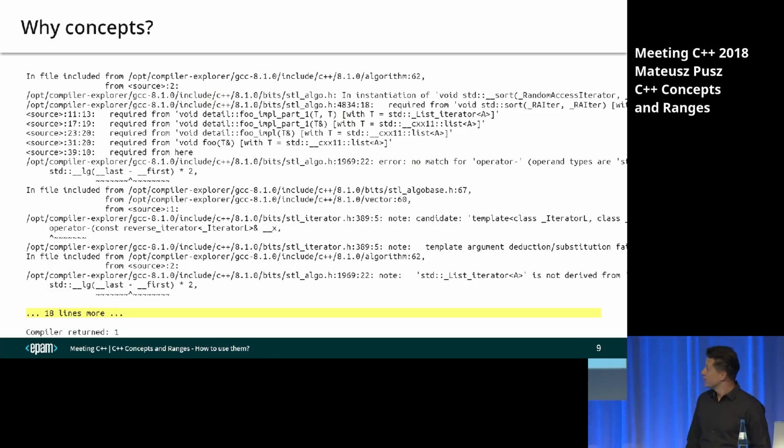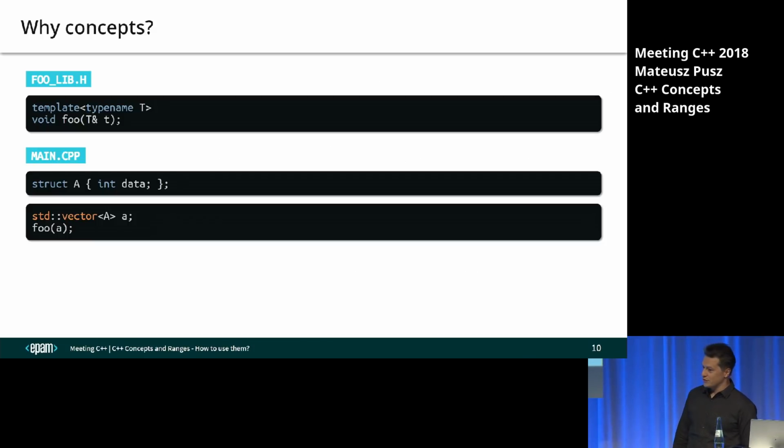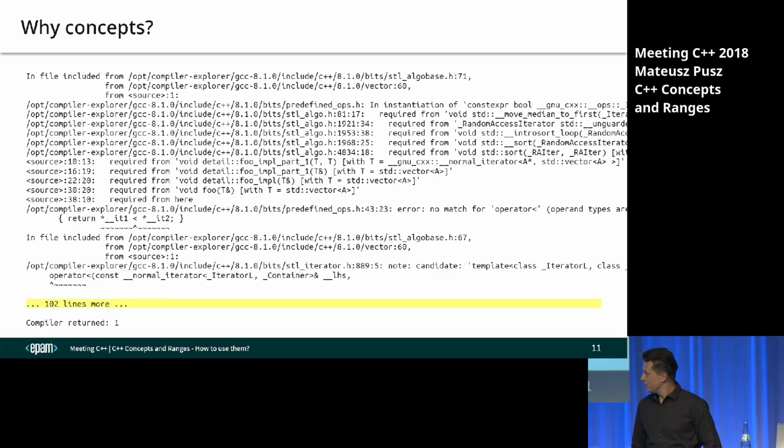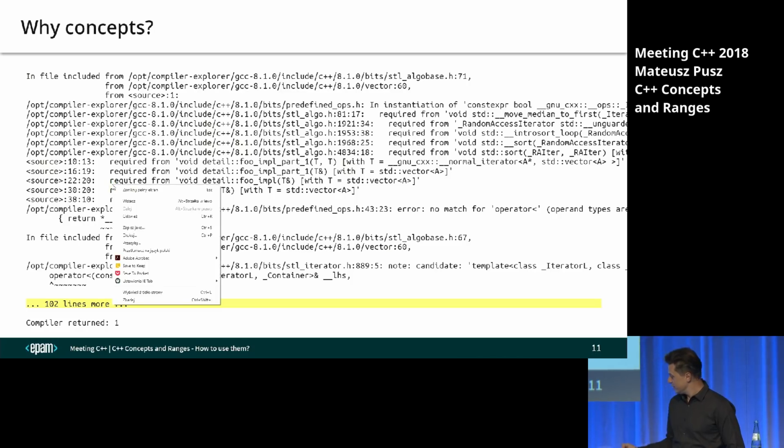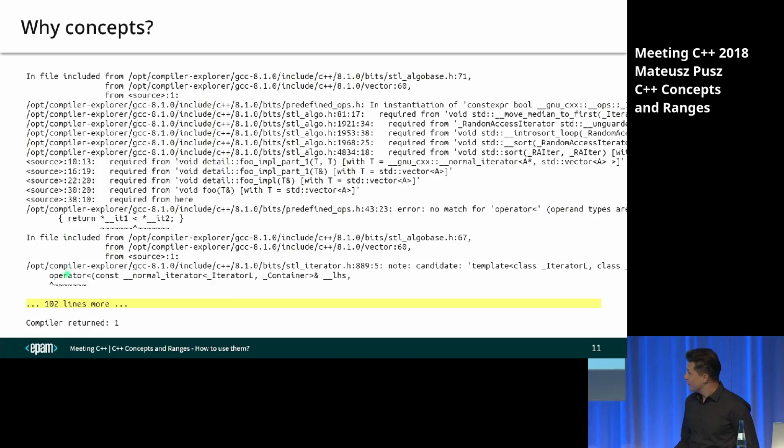Something is not valid here. So let's try a different container, vector. We are told to use vectors everywhere. We have an even longer compiler error here, yes? 102 lines more, and an even longer stack trace.